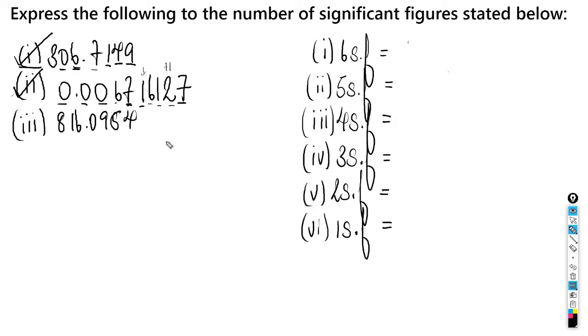816.0954. All right. Now we need this in 6 significant figures. So it's going to be the 6 plus 1th place that we'll have to look at. And in that case, that's the 7th place, which is a 4 here. And 4 is not greater than or equal to 5, right?